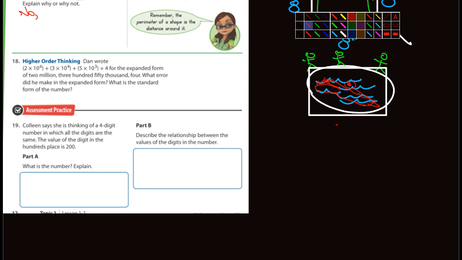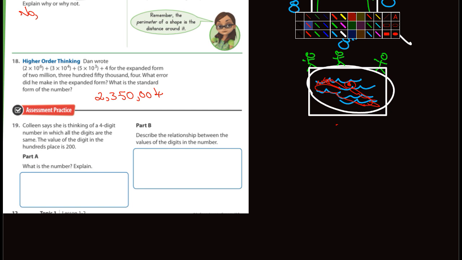Let me write the standard form, and then I think you could probably figure it out. It's going to be 2,350,004. Look and see what error he made. All right? See if you can figure that out.